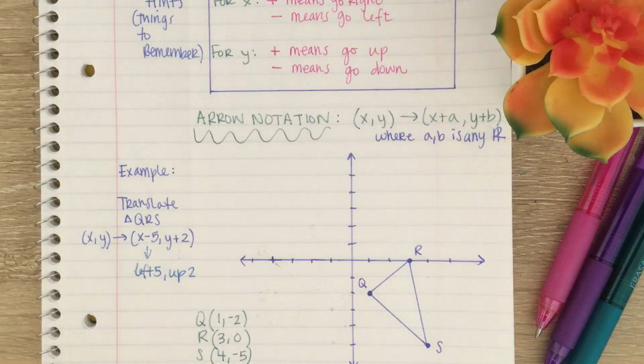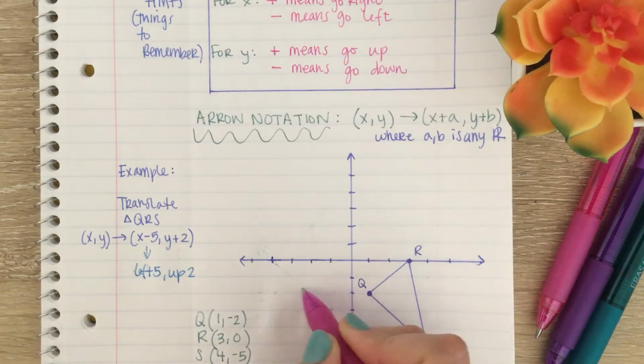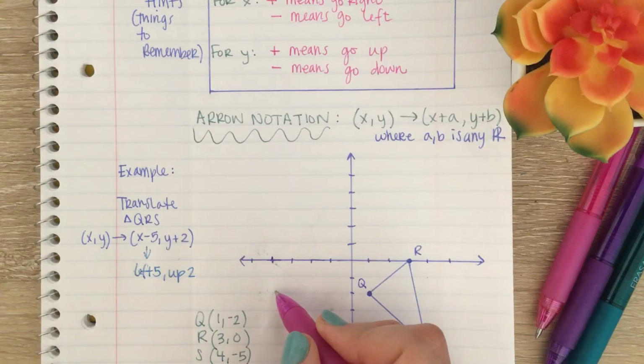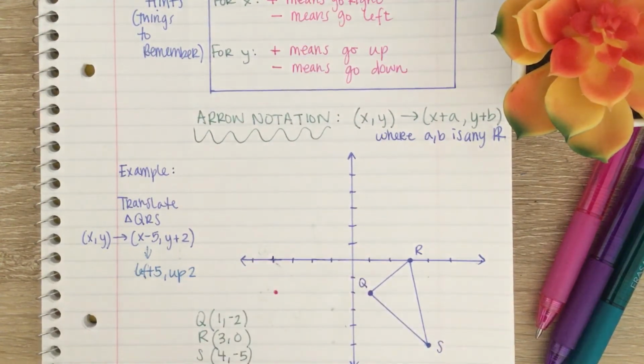That is totally fine. So we're going to start with Q. I'm going to go left 5 because that's what my rule says. 1, 2, 3, 4, 5. And I'm going to plot my point right here. Oh wait, what did I forget to do?